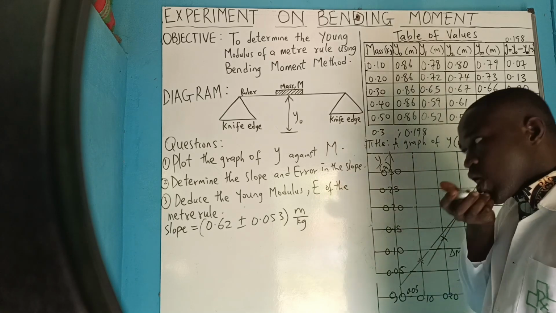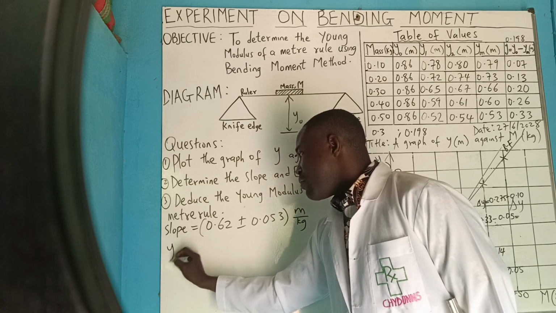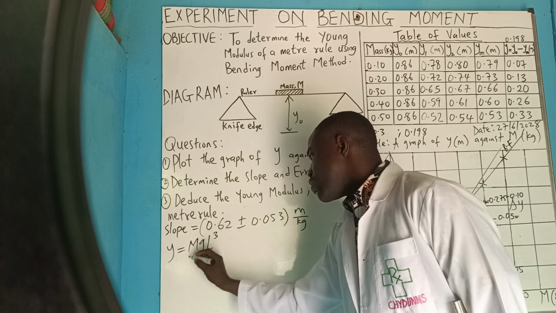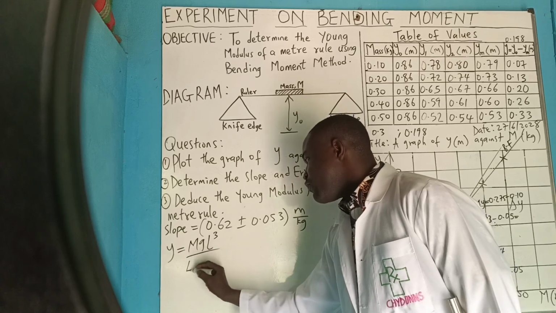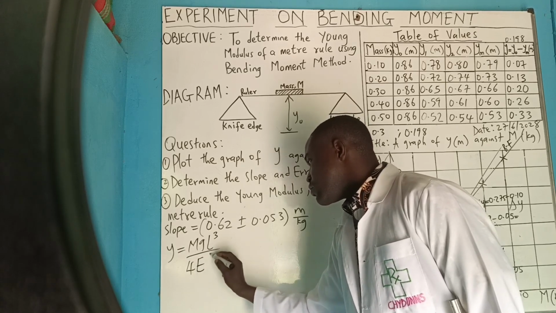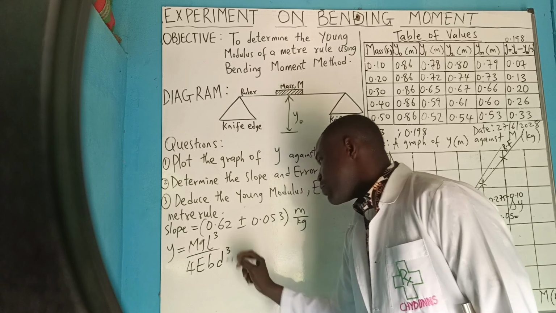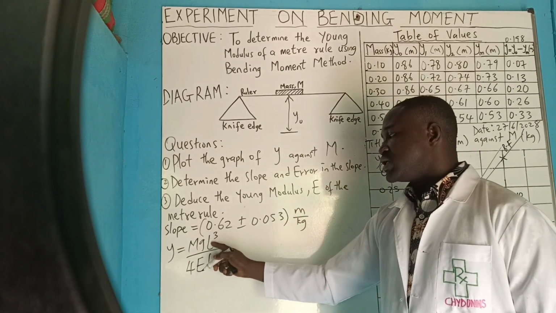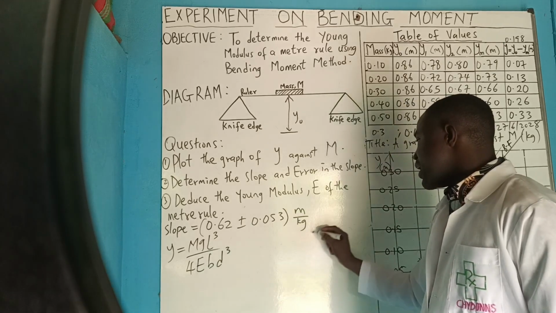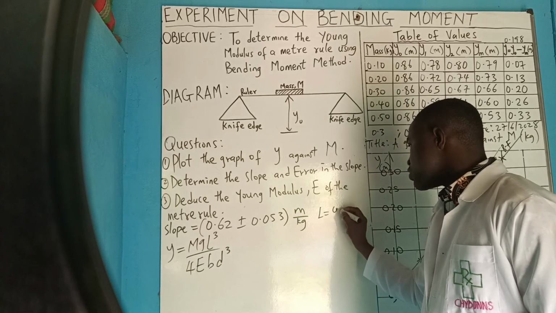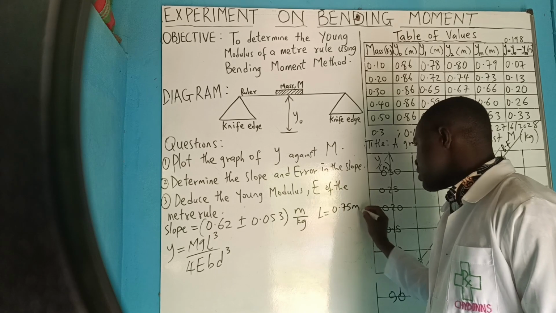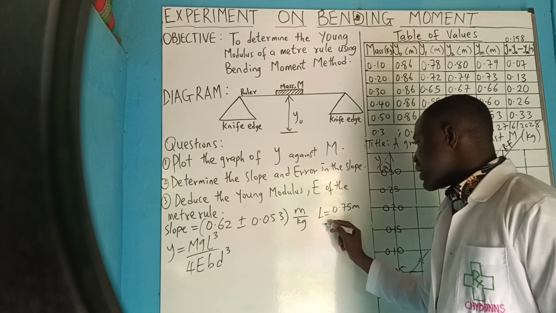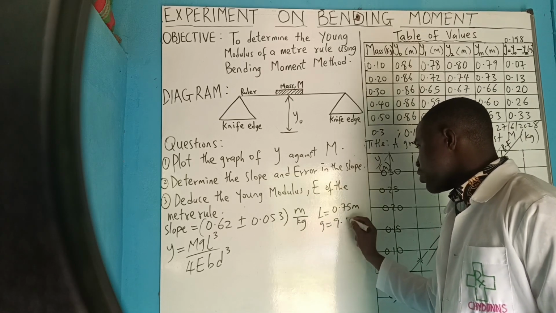To do that, recall the formula y is equal to mgL cube all over 4Ebd cube, where g is acceleration due to gravity, L is the length, and our length L is equal to 0.75 meter, the length from here to here. And our g, we took it to be 9.8.